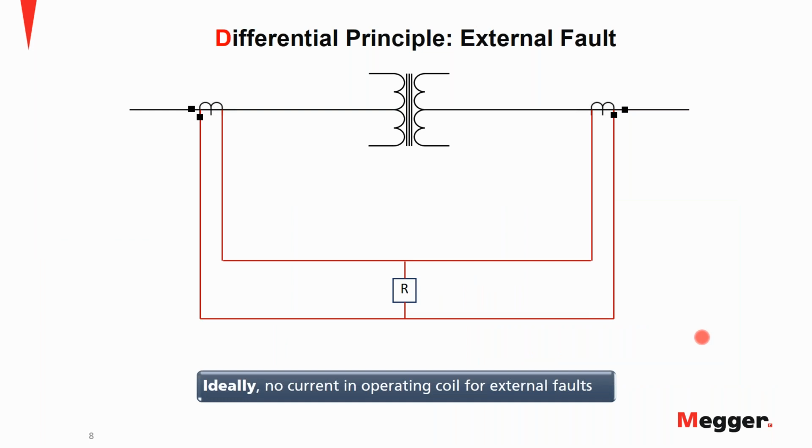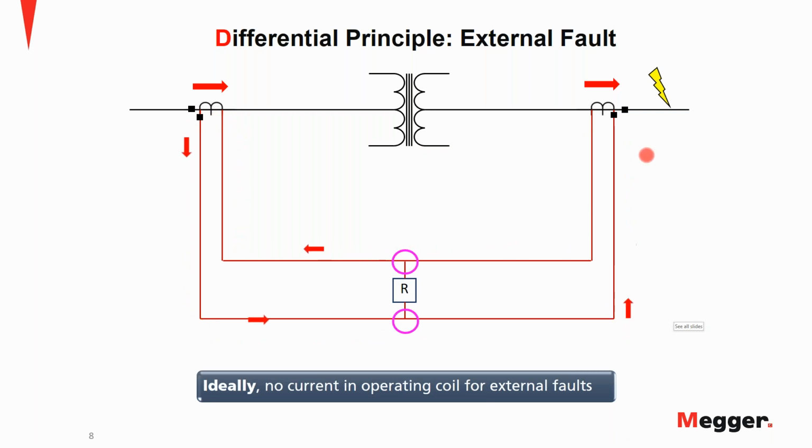What makes it make a little better sense is we're going to check this out now. We came up with a little explanation of how this works. We're going to see what happens when we have a fault outside of the protected zone, and our currents are flowing into our CTs as they are set up in the design of the substation and then through our transformer. We're going to see that ideally there's no operate current here.